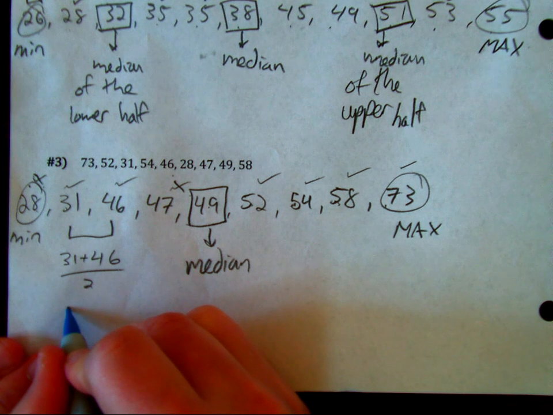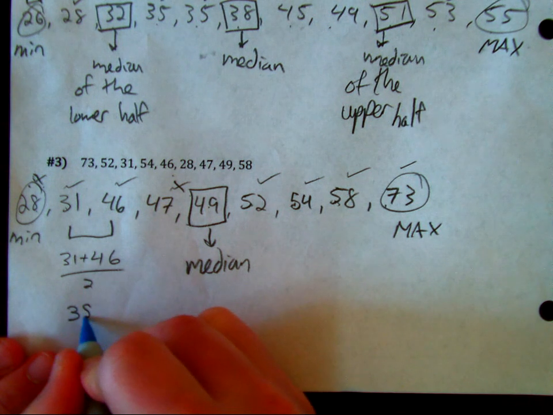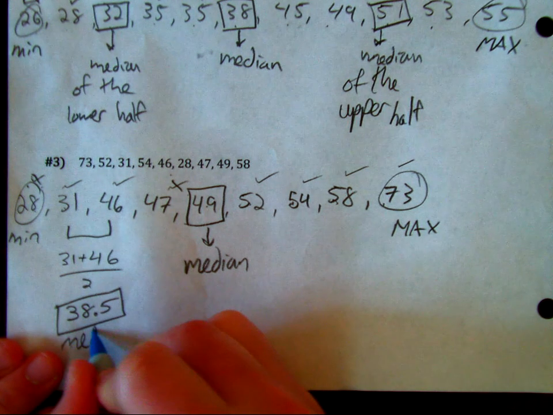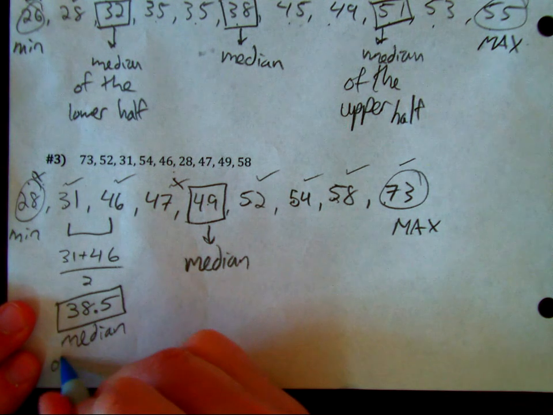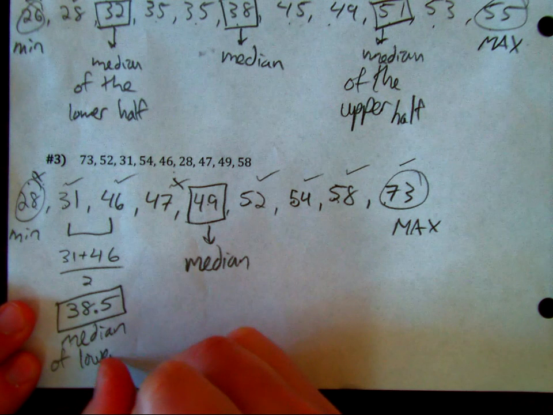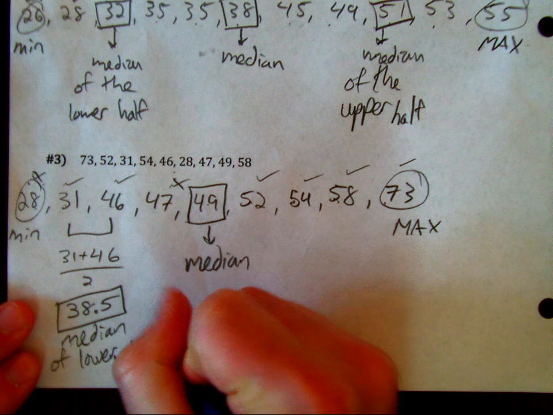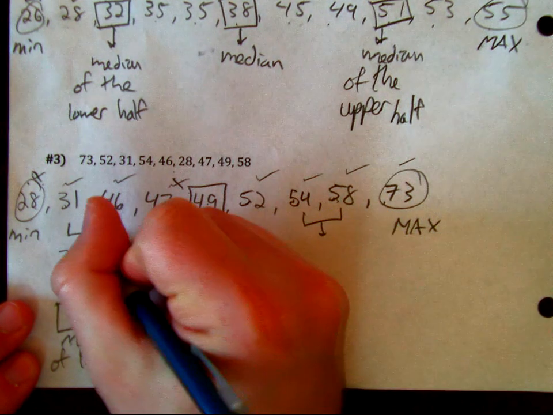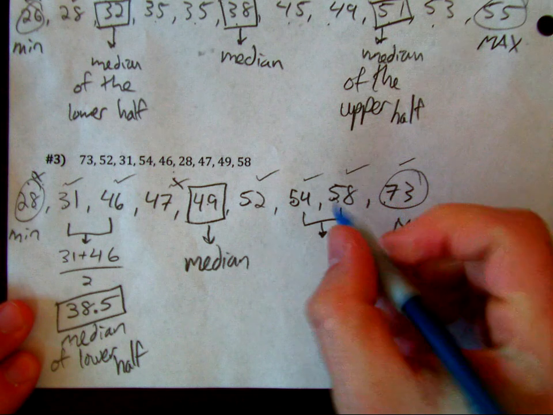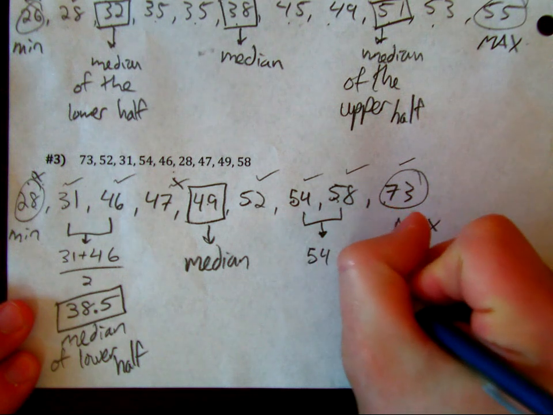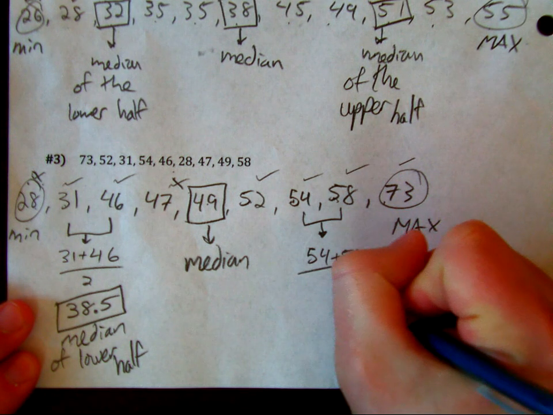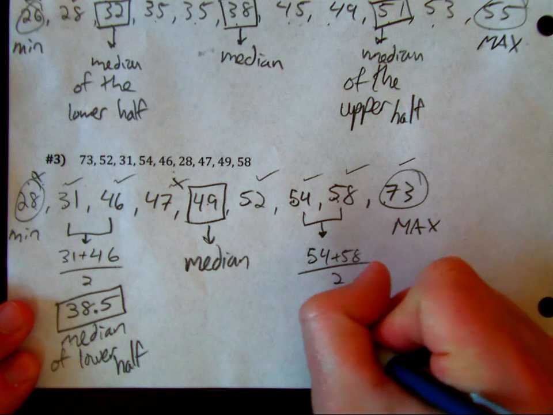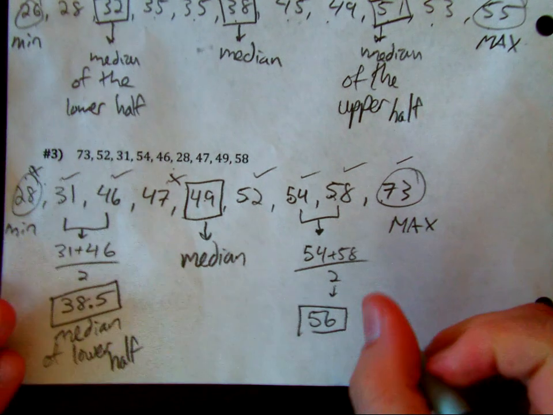We should end up with 38.5, and that's the median of the lower half. Same idea on the right. Add them together and divide by 2. So we got 54 plus 58 divided by 2. That's going to be 56, which is the median of the upper half.